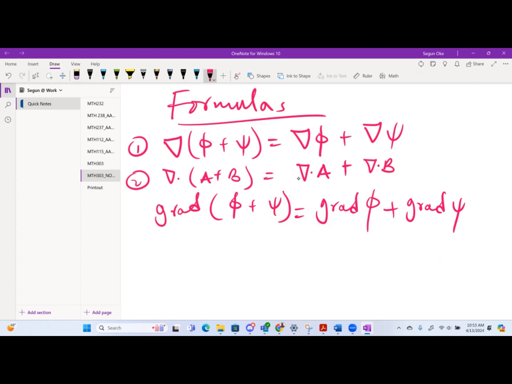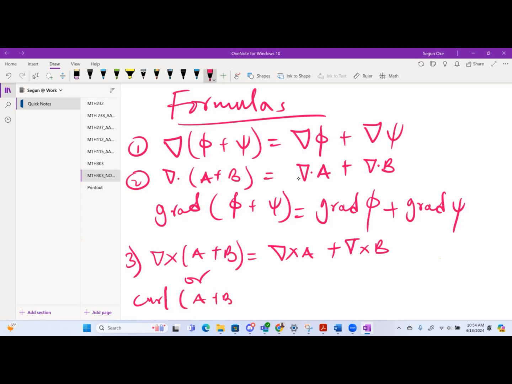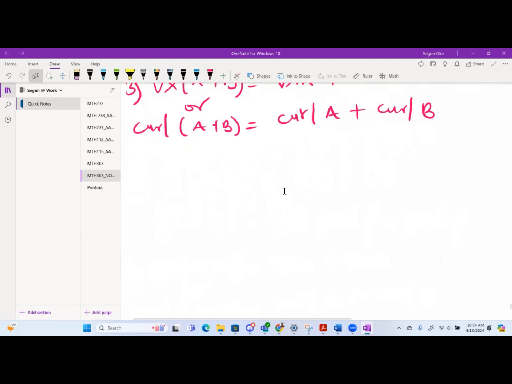So let's take notes. Number 3 says when you have del cross A plus B, it is the same thing as del cross A plus del cross B. Or you can have curl of A plus B, the same thing as curl A plus curl B. Let's look at number 4.